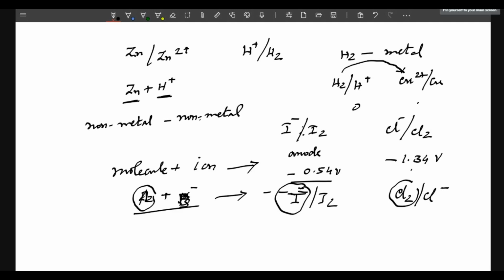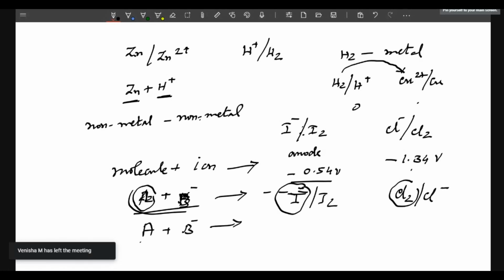Here, a molecule means the metal hydrogen combination, the non-metal combination, or the hydrogen metal combination. These three would have this. And where an atom and an ion are present, you can say it is a metal combination or a metal non-metal combination. You can easily say it like that.